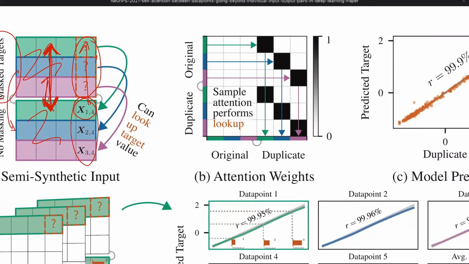So this is the attention matrix. For this data, for those predictions, it learns to grab it from this one. So the algorithm learns a lookup table to look at the most similar example.